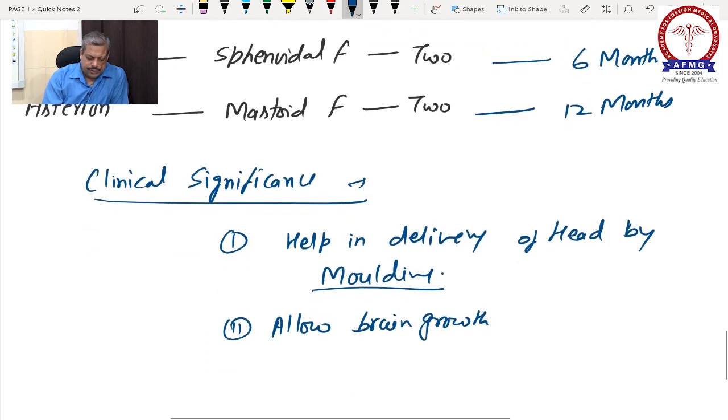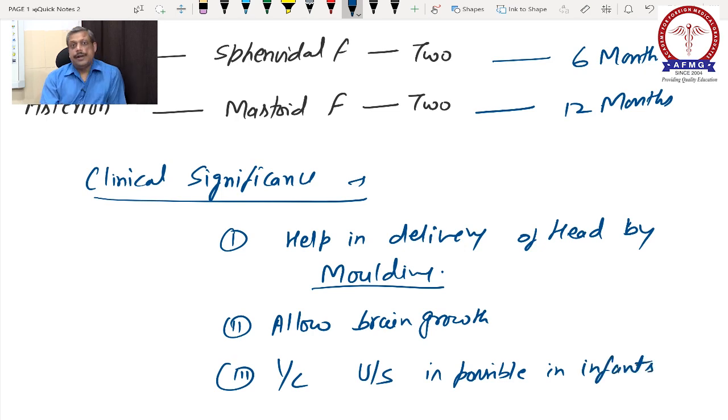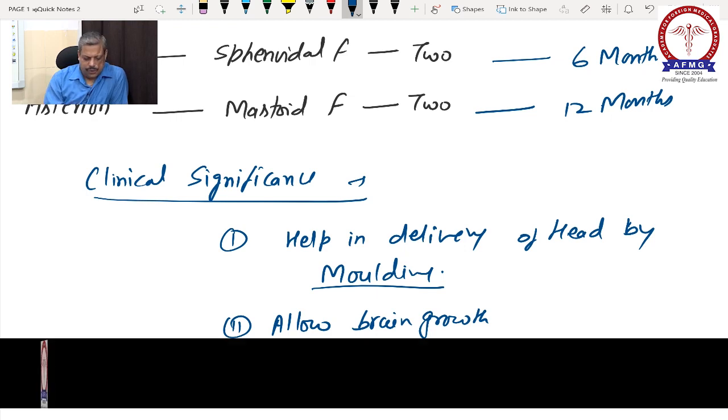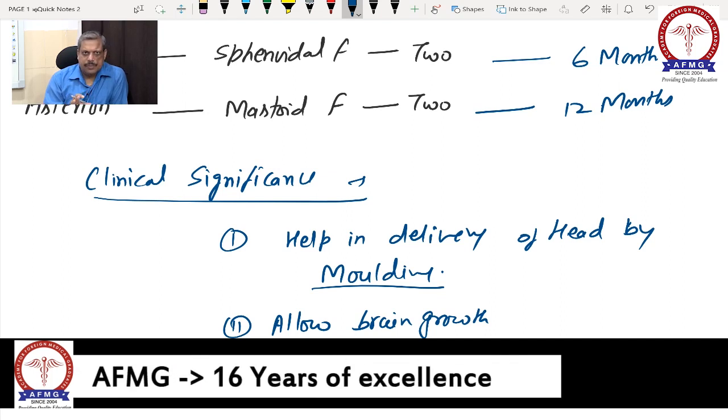Other clinical uses: intracranial ultrasound is possible in infants because of these fontanelles. If our baby has severe dehydration, there will be a sunken fontanelle.